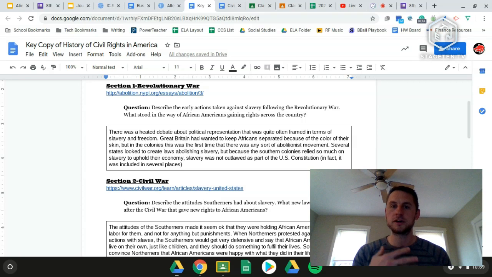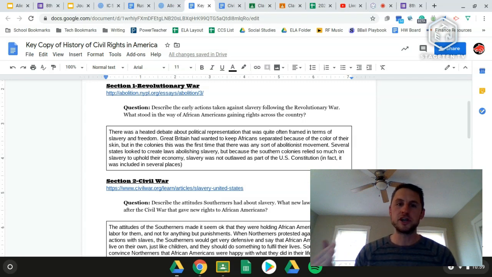And there were several states who created laws for themselves about abolishing or limiting slavery. But at the end of the day, because the southern states relied so much on slavery to uphold their economy, because their economy was based in agriculture and they needed that free labor force, slavery was actually written into part of the U.S. Constitution.